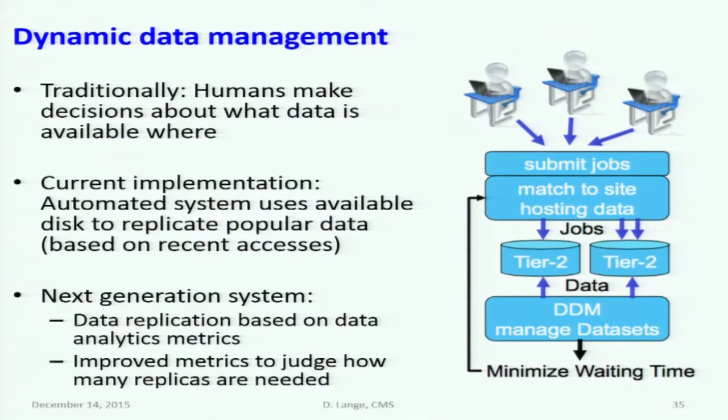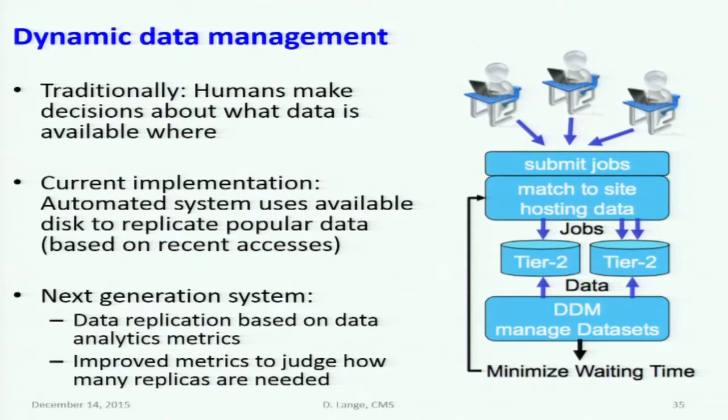What our field has always done is that a human, the physics coordinator, makes a decision about what data should be available to users where, given a total set of resources. What we've done is replace that human by a computer, with an automated system that says, I have this much disk available, and in the past few weeks people have requested these samples with such a frequency, so this data sample is really popular, and I'm going to make a copy of it so that it's available to users more quickly.